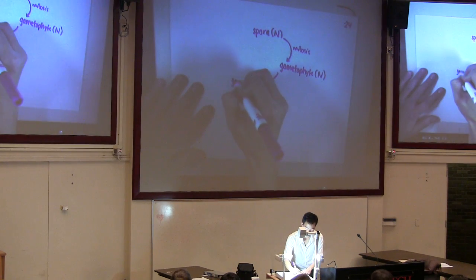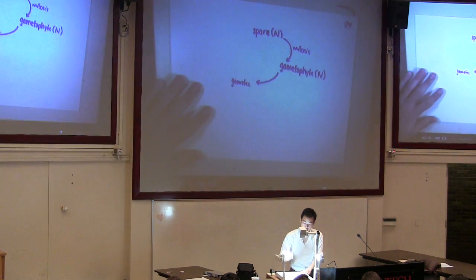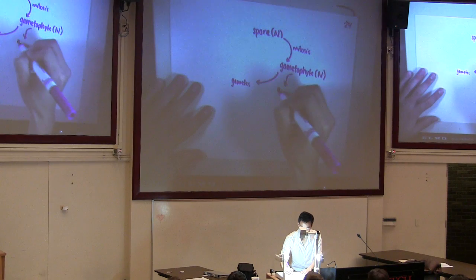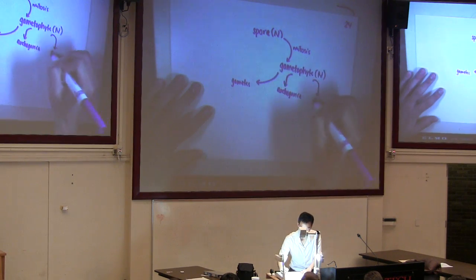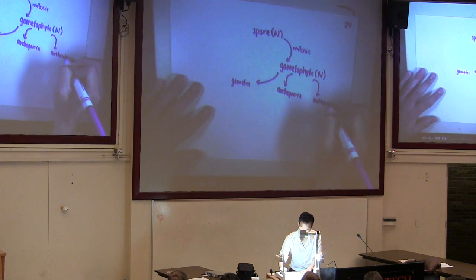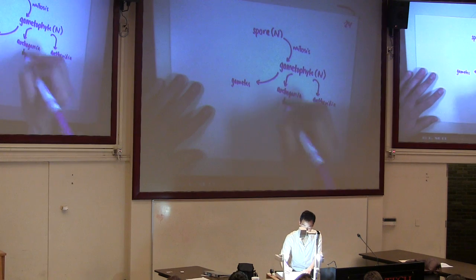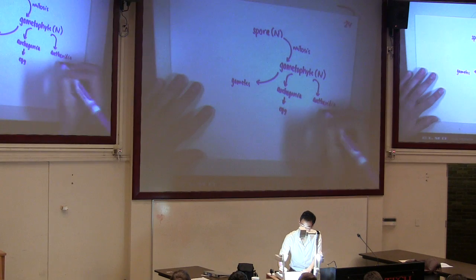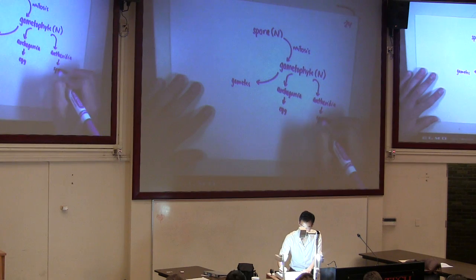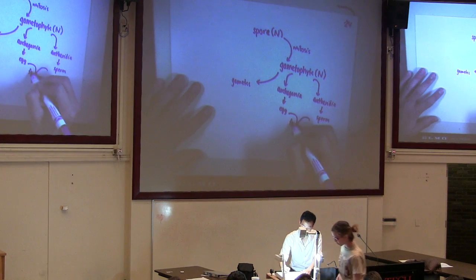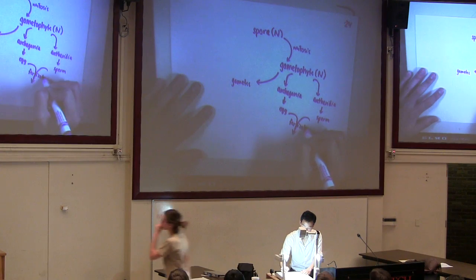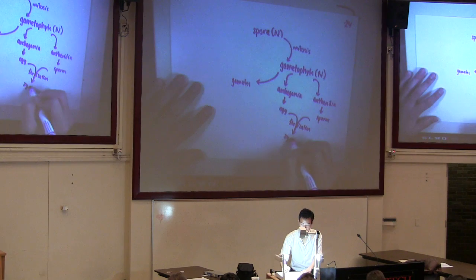It produces gametes, right? You can produce archegonia and antheridia. The archegonia is the egg. Antheridia produces the sperm. The egg and sperm will undergo fertilization to produce a zygote, right?